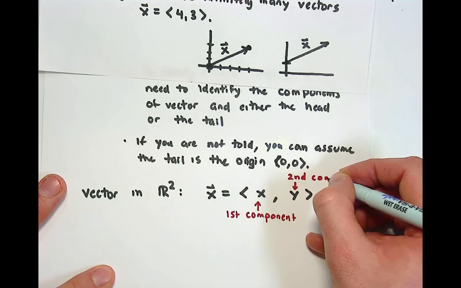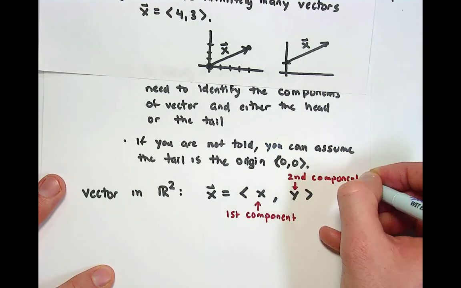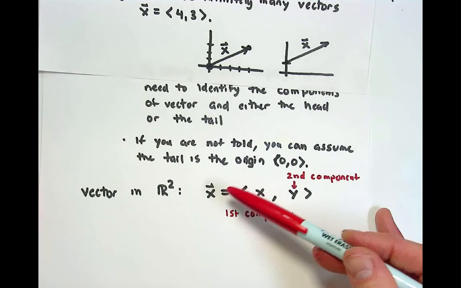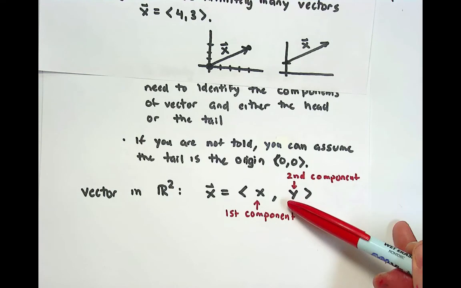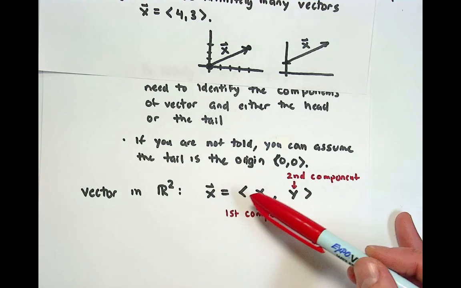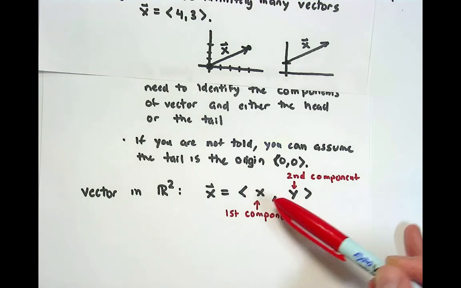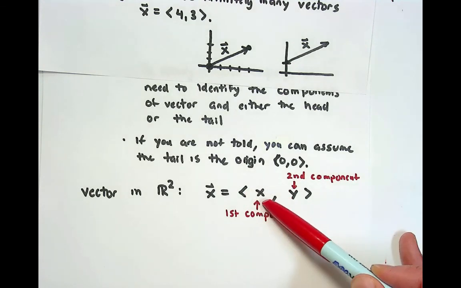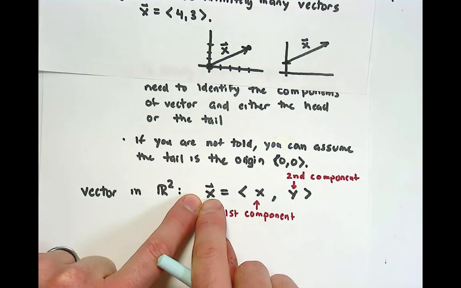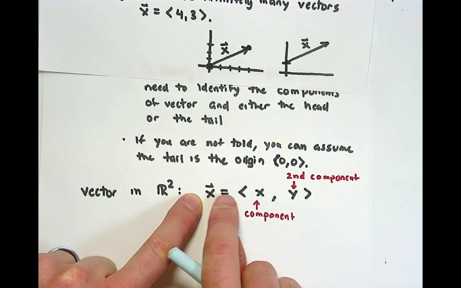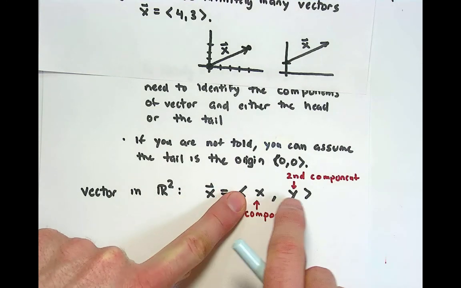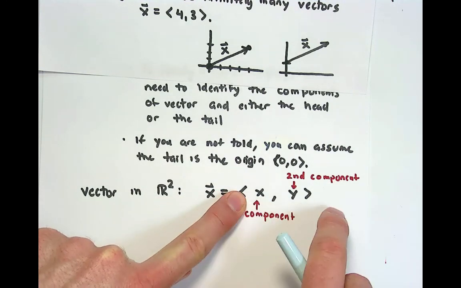And you could tell this is a vector because we use the angle brackets. Because I haven't specifically told you that this thing has a specific head or tail, you can assume that if I write the vector x is ⟨x, y⟩, that means that the tail of this thing is the origin. Notice also that here we're using the symbol x as a vector, and you see a vector hat. Here the symbol x represents the number of units along the first axis that you move for the direction of x.